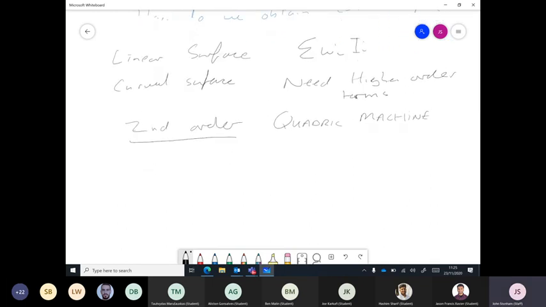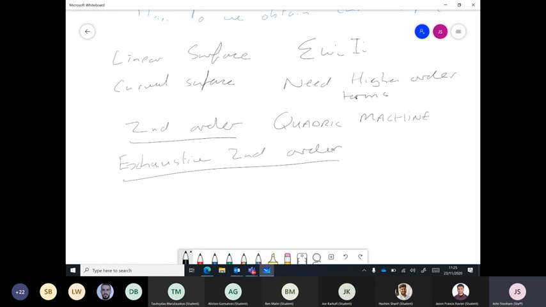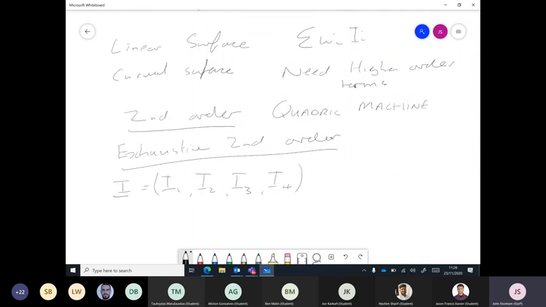Now, first of all, let's look at the exhaustive second order. It's a bit like a quadratic equation. Supposing I start off with a vector I equals I1, I2, I3, and I4. Now, with a first order machine, so far, we would find a weight for I1, a weight for I2, and so on.